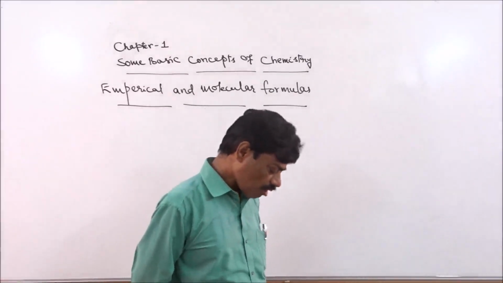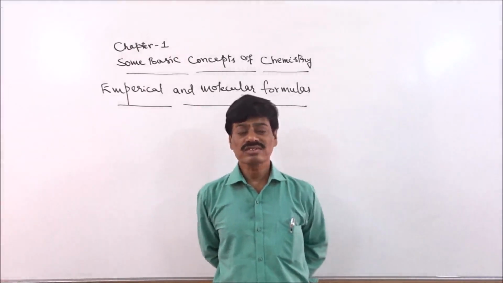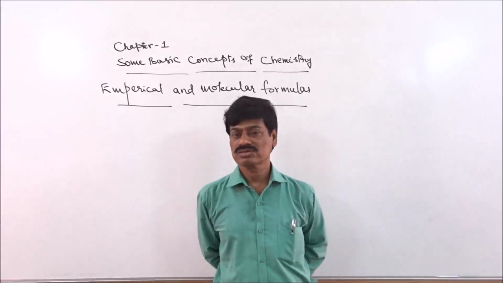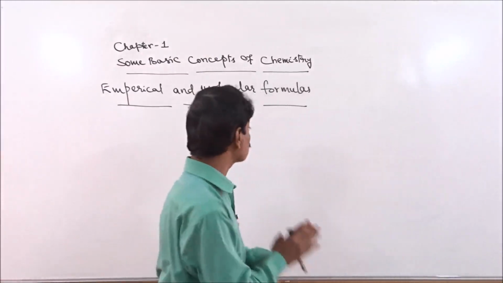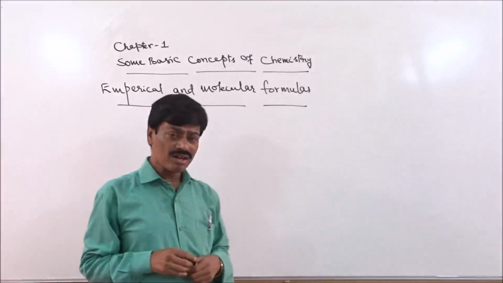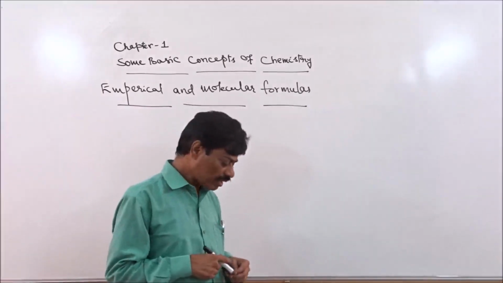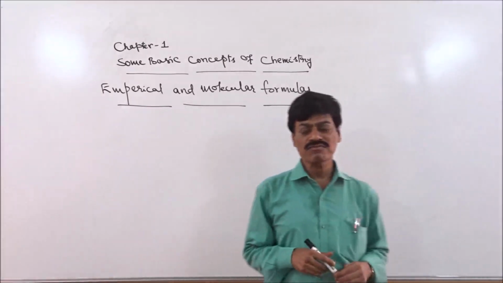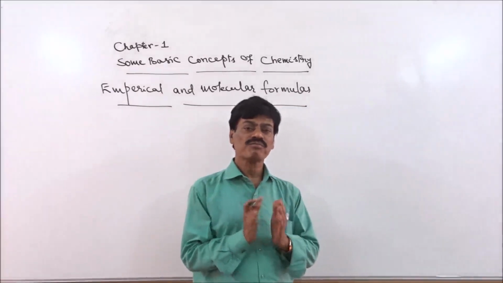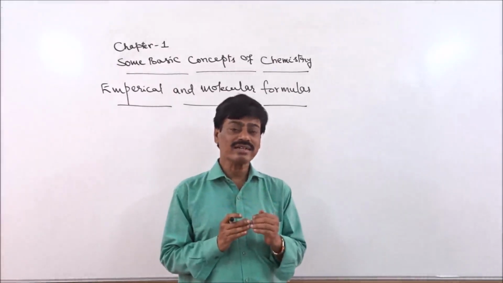If we move towards compounds, CO2 is the molecular formula of carbon dioxide, C6H12O6 is the molecular formula of glucose, and so on. So in short, we can say that the formula gives the composition of the molecule of the compound. Composition means what it contains.